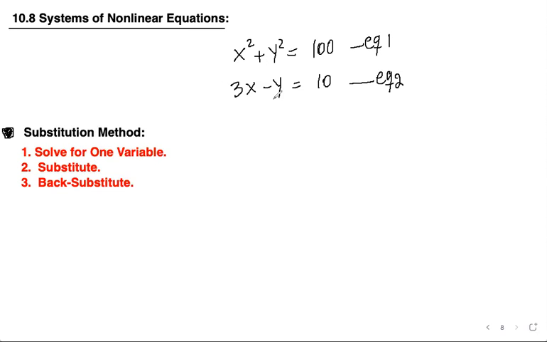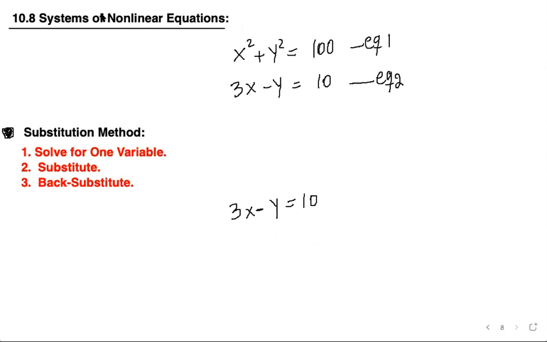Solve for one variable: go to equation number 2 because it's easier, it's linear, and I'm going to solve it for y.